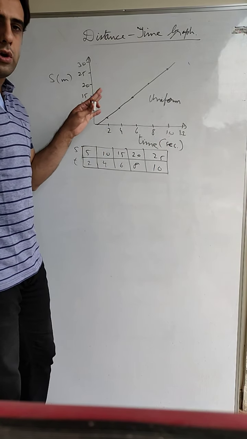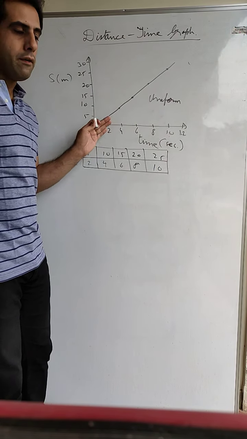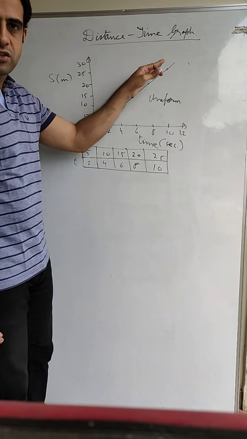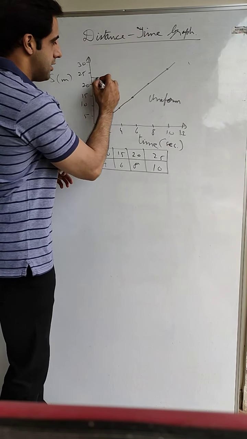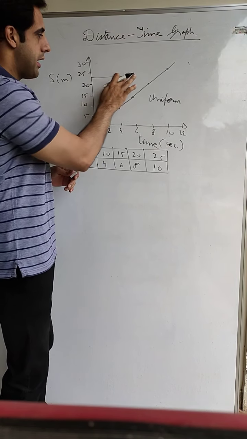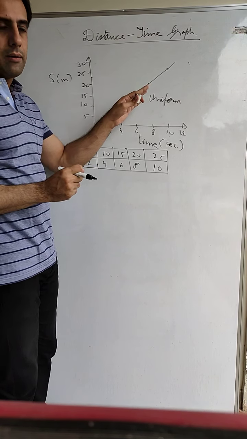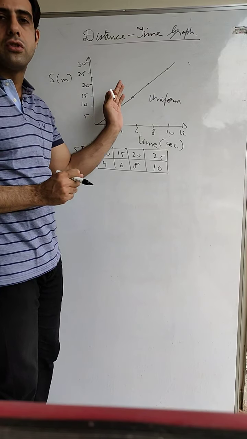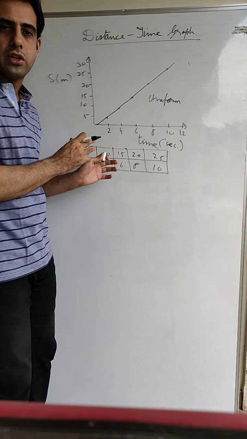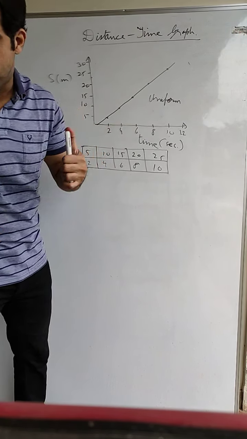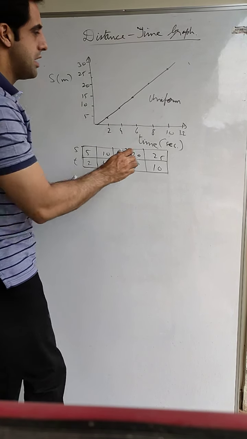That means in a uniform motion the distance-time graph will be a straight line like this. By straight line I do not mean this; this is not a straight line. A straight line is this, inclined at a particular angle. This line is absolutely straight, it is not getting curved, so we can say that the motion is uniform. Now what if the motion is non-uniform?